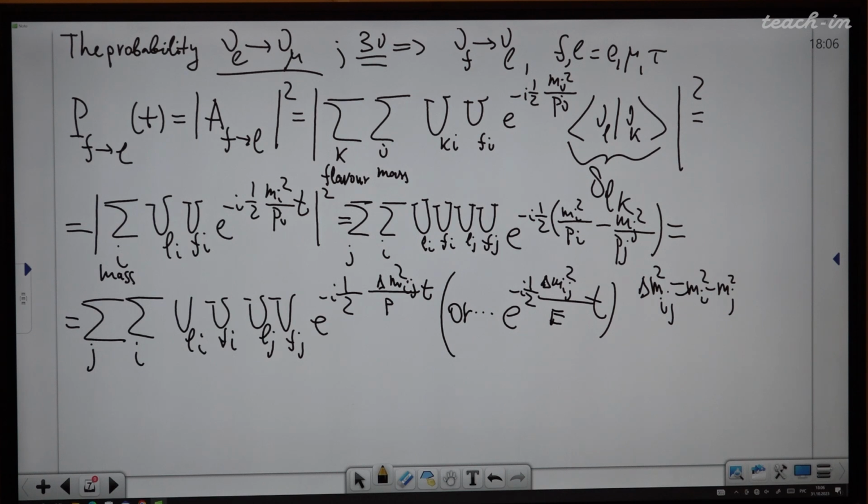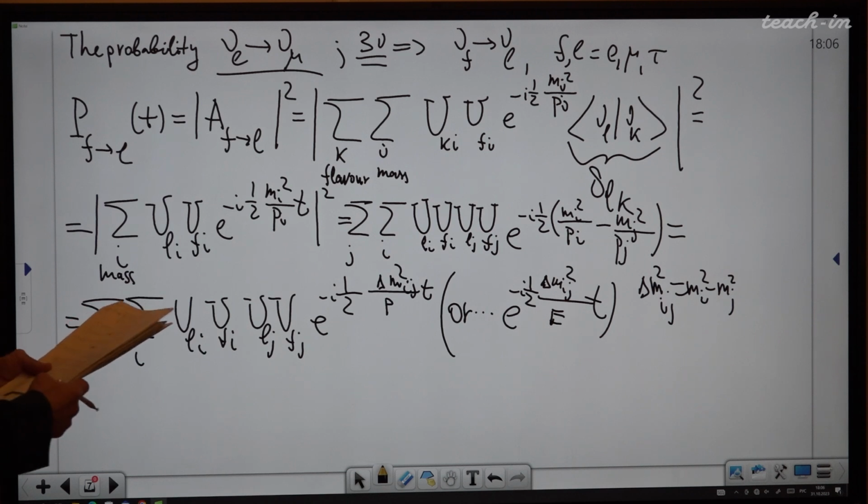And this is done so because we have to operate in the emission point and the detection point with flavor neutrinos, because we can produce flavor neutrinos and also can observe flavor neutrinos.